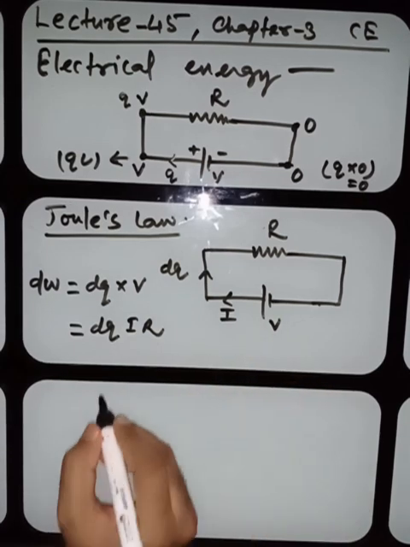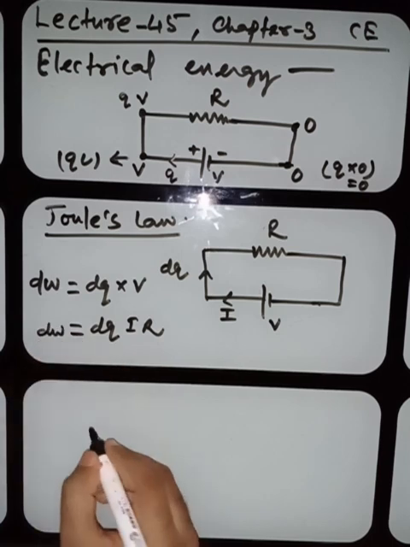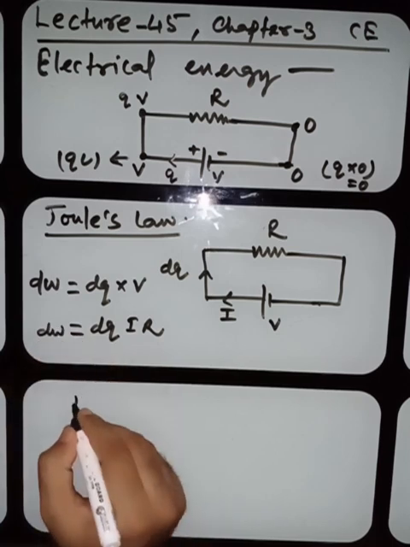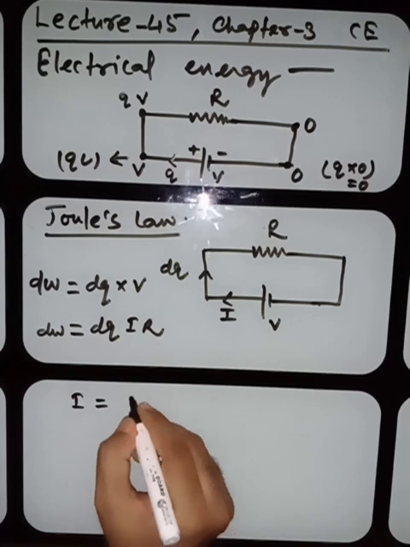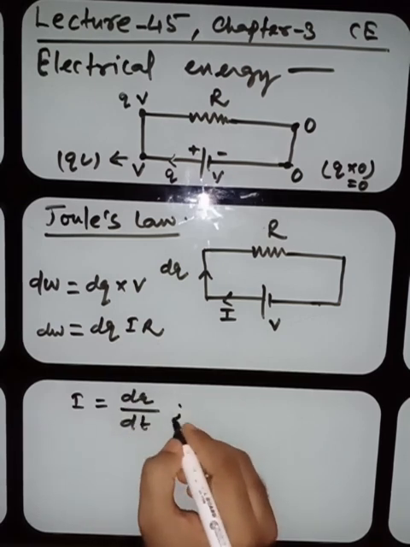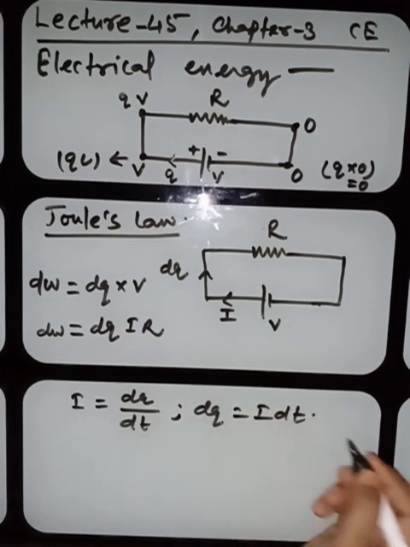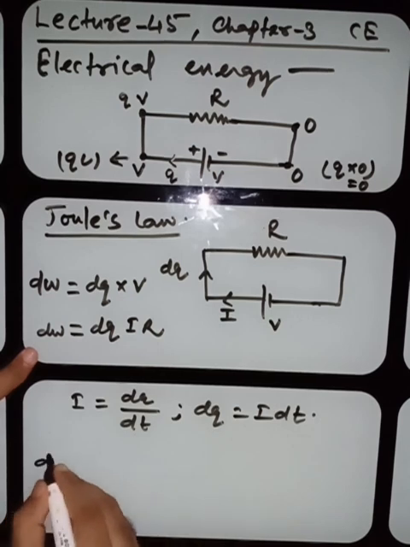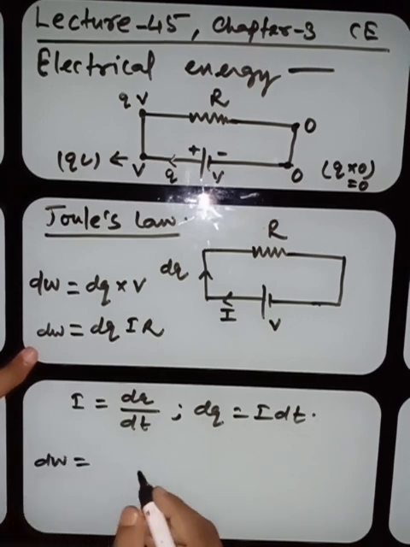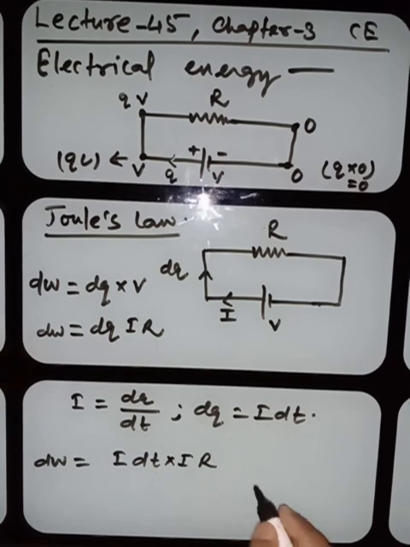Could we write here I times R? Yes, very simple. And we know this I is nothing but dQ by dt. We know, na? So dQ can be written as I dt. All right, write down here dW is equal to dQ, it is I dt times IR.